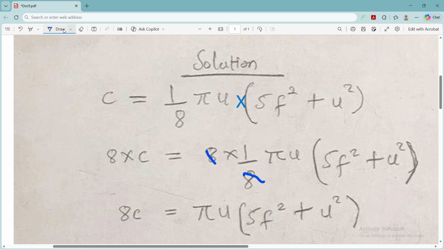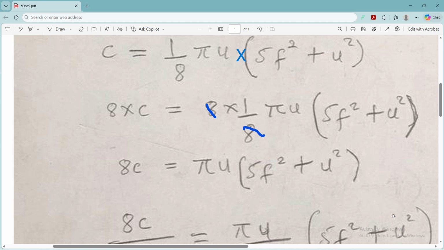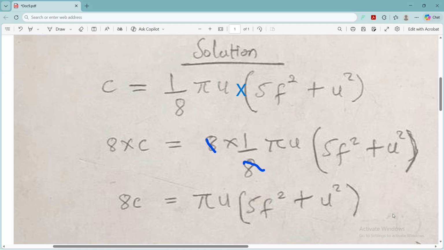So that's how come we have 8c, which is 8 multiplying c, equals pi u multiplying 5f squared plus u squared, right? So we simplify, right?